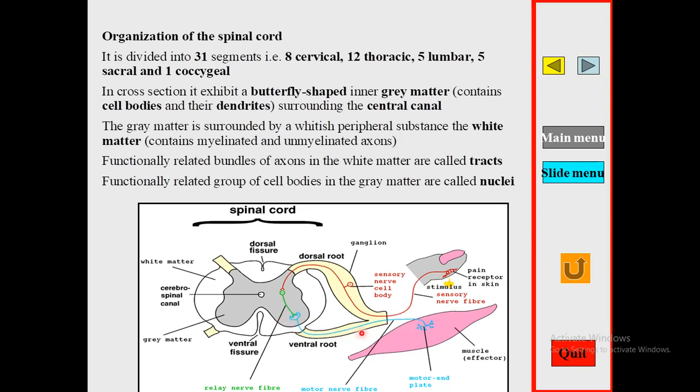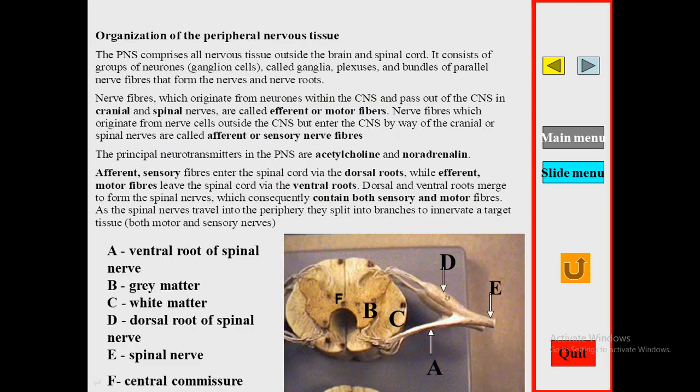Those are the efferent fibers. So any nerve contains both sensory and motor fibers.